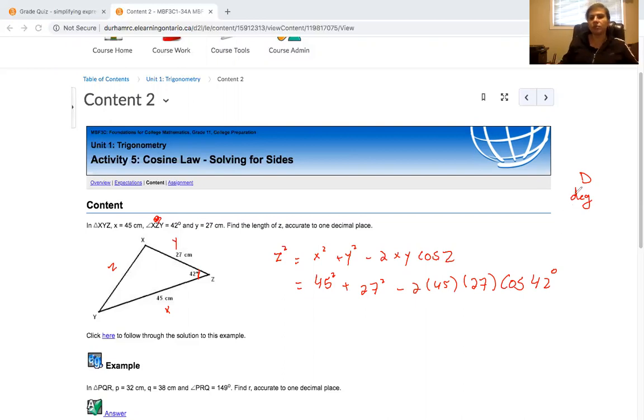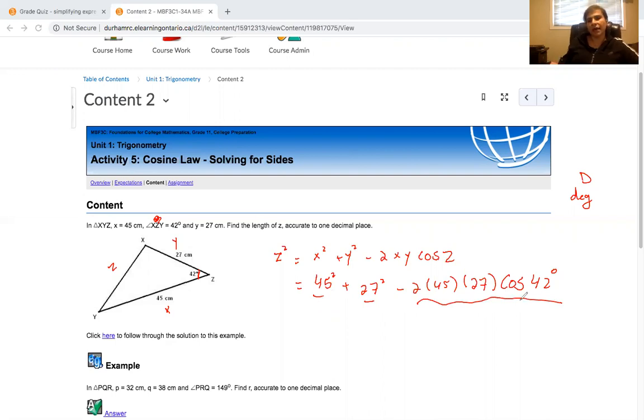If you're having problems setting your calculator, email me and I will help you go through it. In order to solve this, what I recommend is that you find each one of these separately. So you do 45 squared in the calculator, you do 27 squared in the calculator, and then you do all of this together in the calculator.